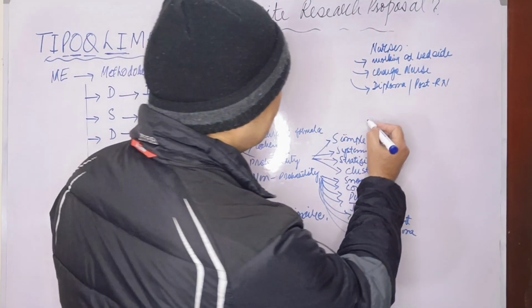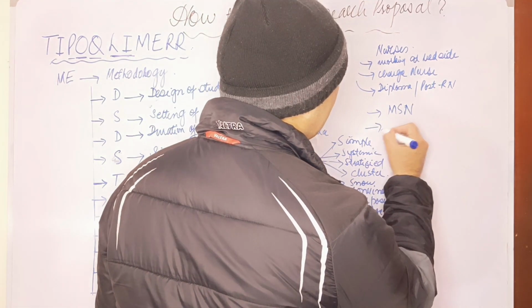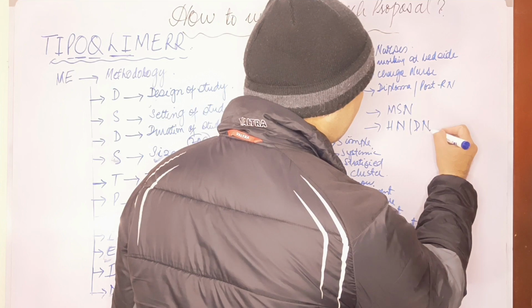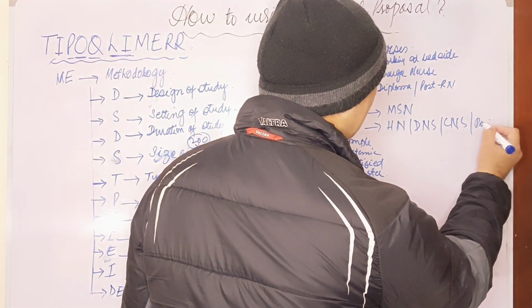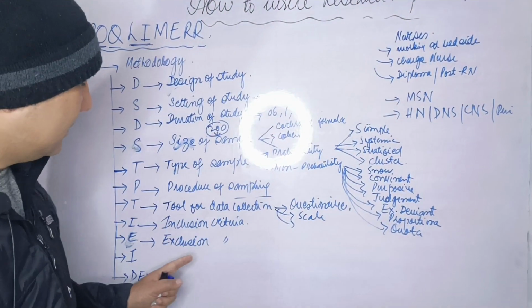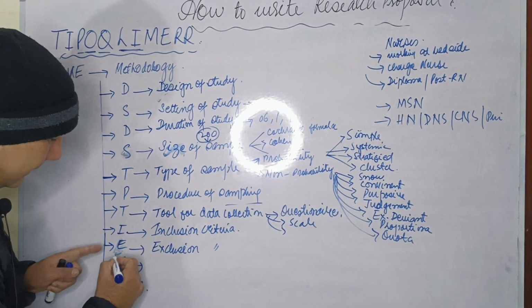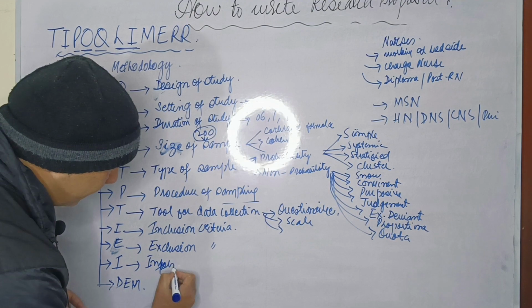Now E: those who have done the masters, HN, DNS, CNS, and the principal, all of these will be excluded from my research study design. Now the other I is informed consent.